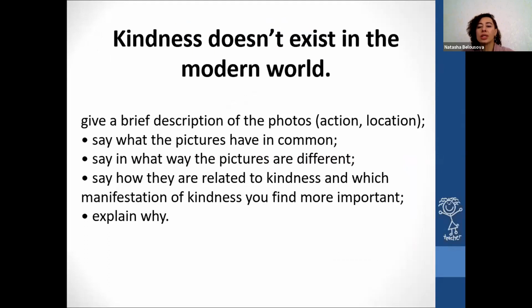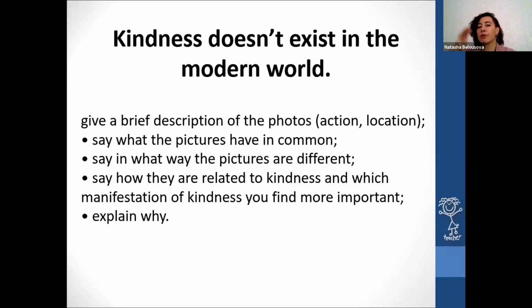Or you could continue talking about the pictures now with all the students looking at all the 3 pictures and formulate a task which is similar to task 4 of the exam. Give a brief description, say what the pictures have in common, say in what way they're different, and then just formulate something that the students have to talk about, yeah? So which of the acts of kindness you find more important, explain why, yeah?